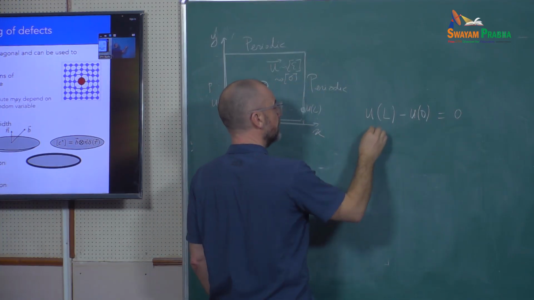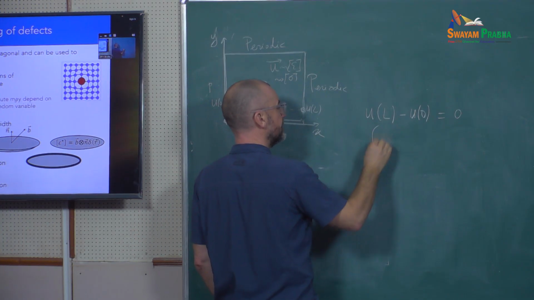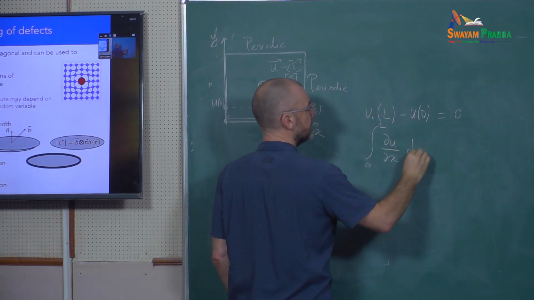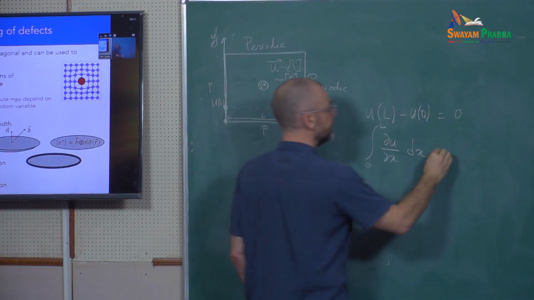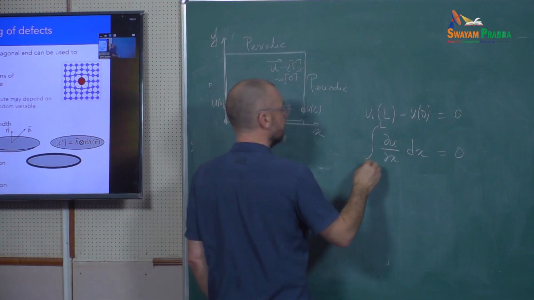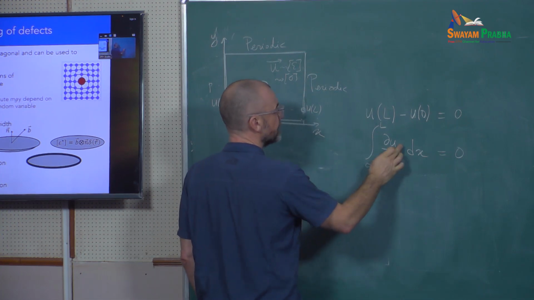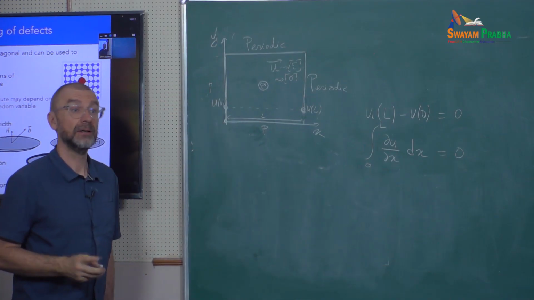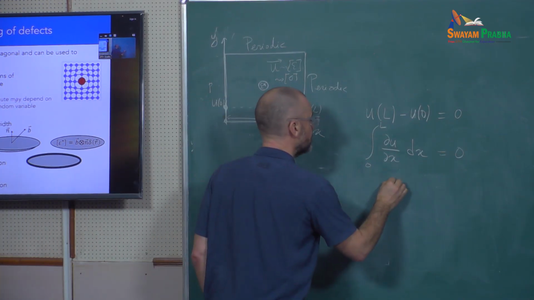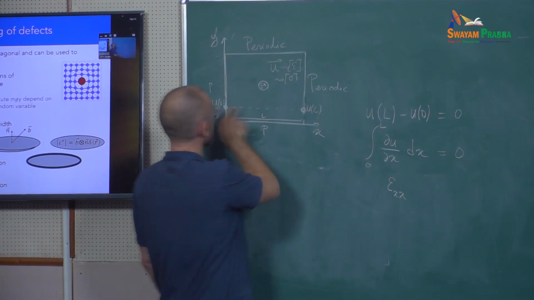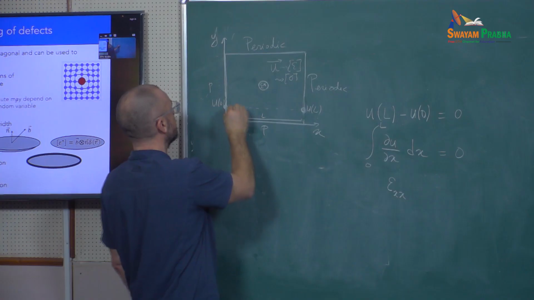But this difference, I can rewrite as the integral between 0 and L of du over dx, which is 0. This du over dx is the strain, so this would be epsilon xx, for example, in the direction x.